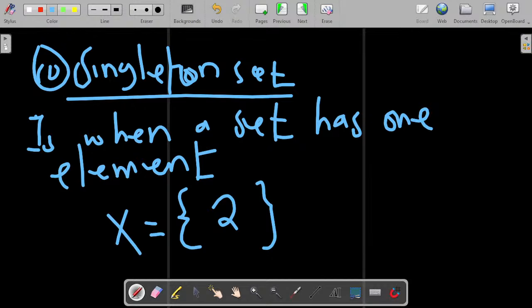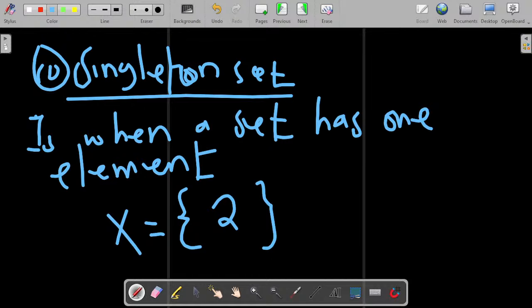Just a single element in it. So these are the types of sets we can take. But if there's more, I will let you know.